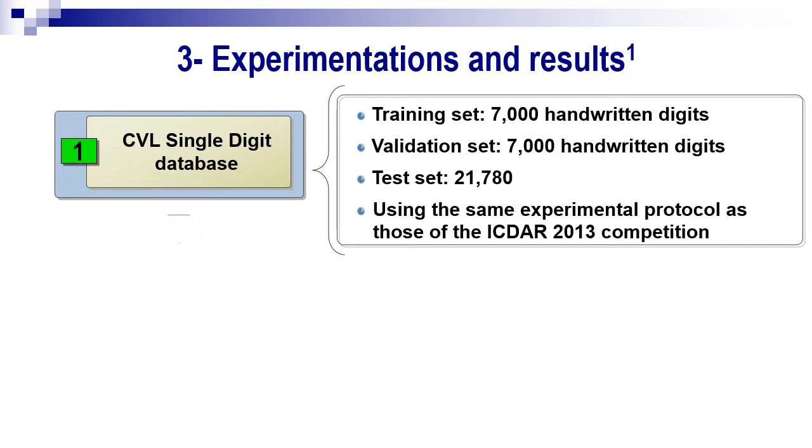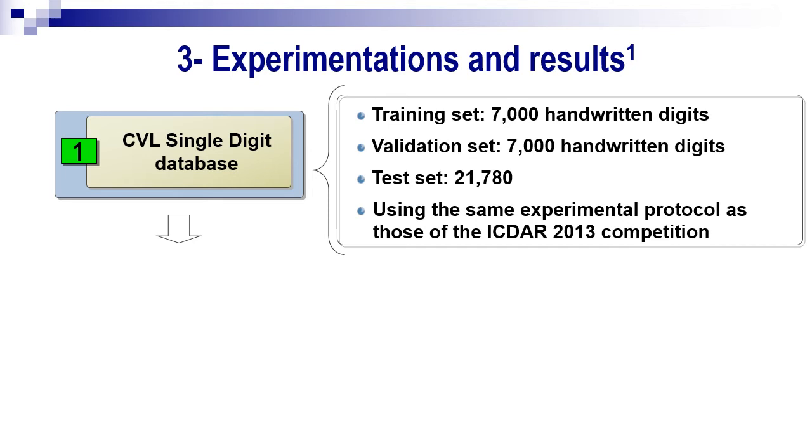In the experiments and results section, we carried out a series of experiments to evaluate the effectiveness of the proposed system for handwritten digit recognition on the CVL dataset. First of all, handwritten digits are converted to grayscale images. Next, the proposed features are extracted without any size normalization.